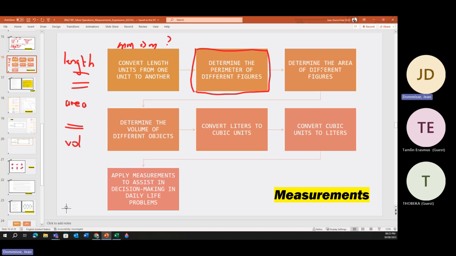Then we determine the area, and we're going to look at that because, depending on the different types of figures, the formulas are a bit different. And then we will also look at determining the volume.